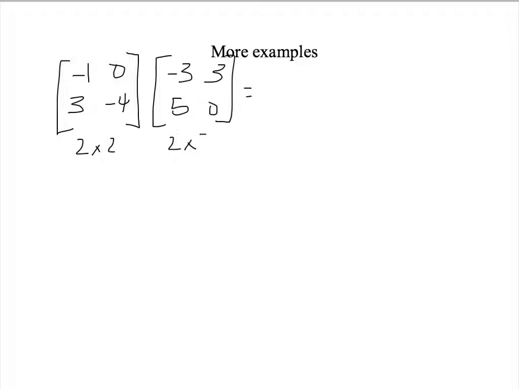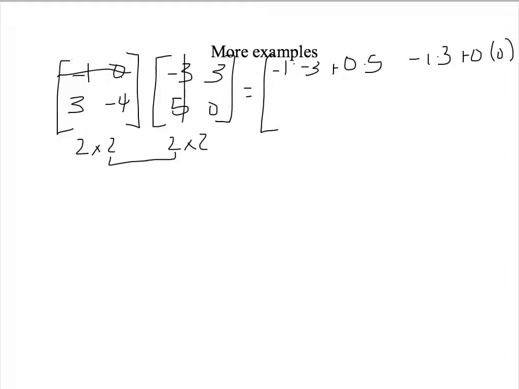This is a 2 by 2. Oh, look, these two numbers are the same, so yes. Alright, so let's just do this. First row, first column: -1 times -3 plus 0 times 5. First row, second column: -1 times 3 plus 0 times 0.